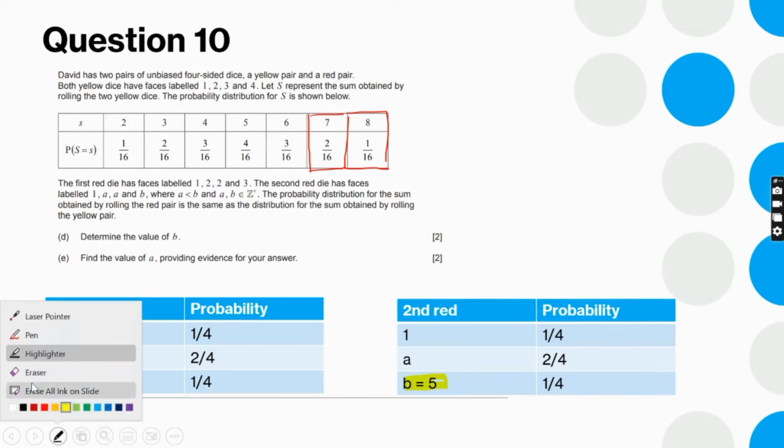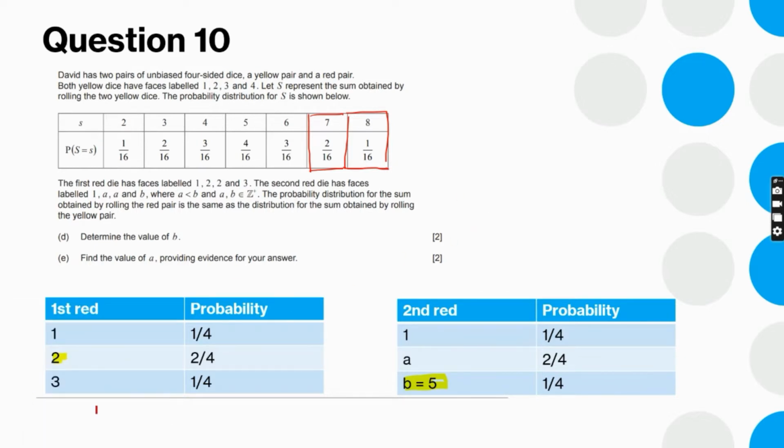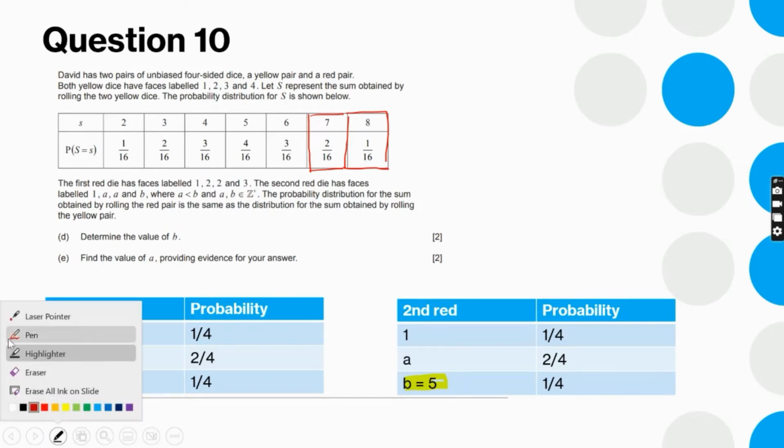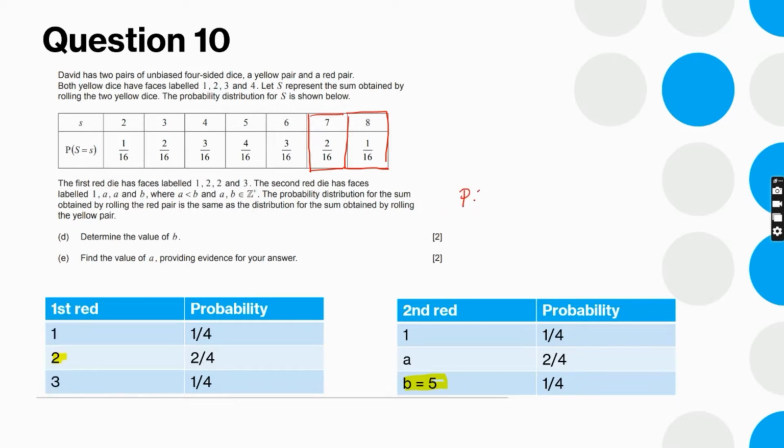So if you multiply that together, the probability that the sum is equal to 7, you could get 2 over 4 times 1 over 4. And that gives you 2 over 16, exactly what you have here. So we deduce that is probably how the 7 came about.